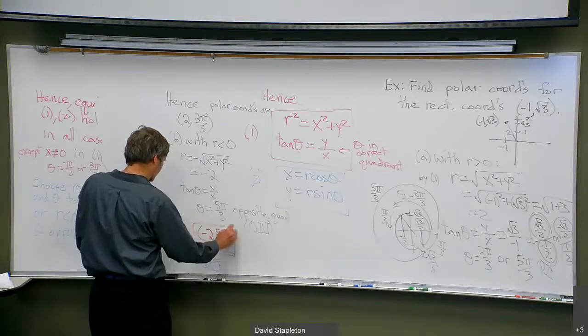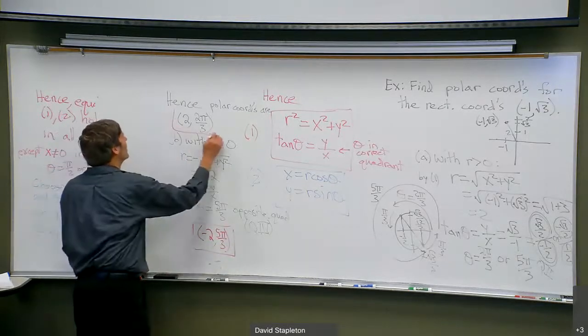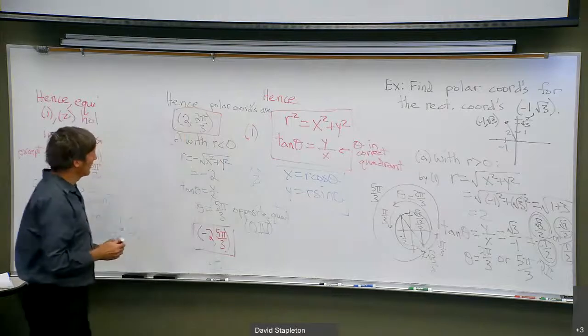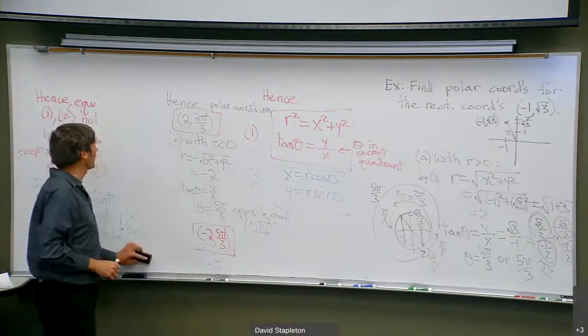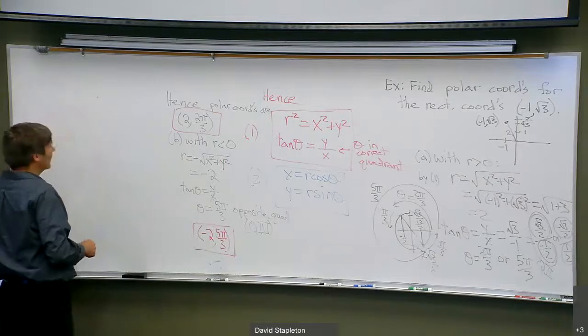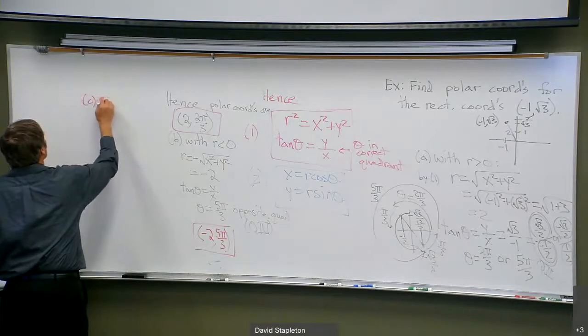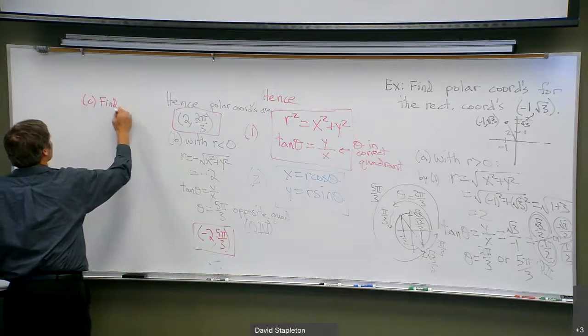These are both perfectly good coordinates to go for the same point. Now I want to, in part c, say what are all polar coordinates? I told you there's an infinite list, and this is why.